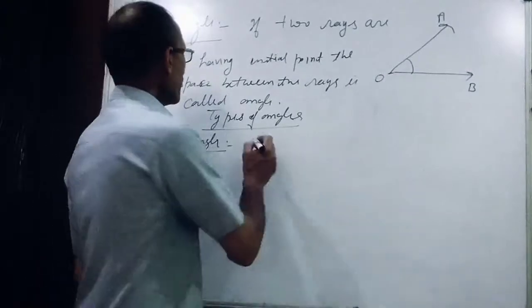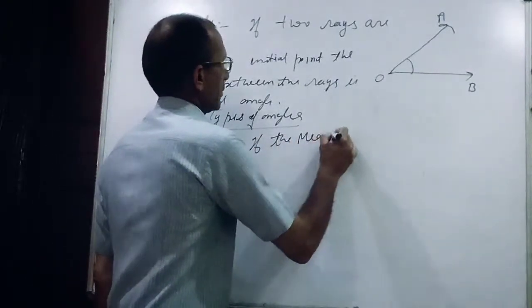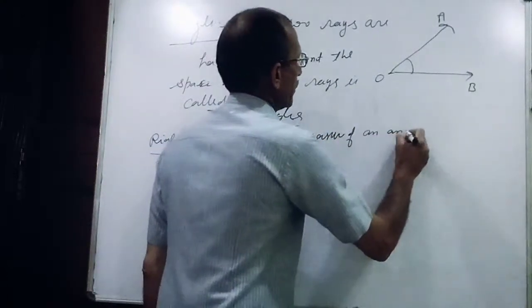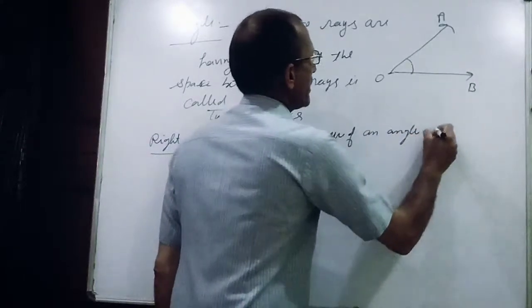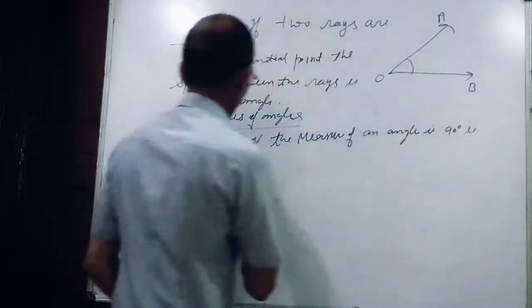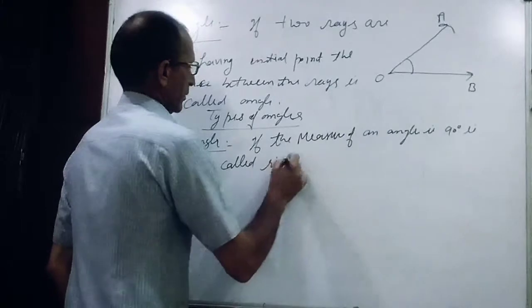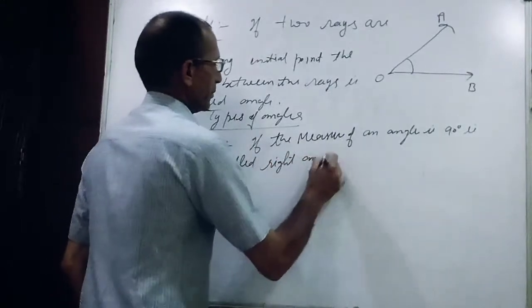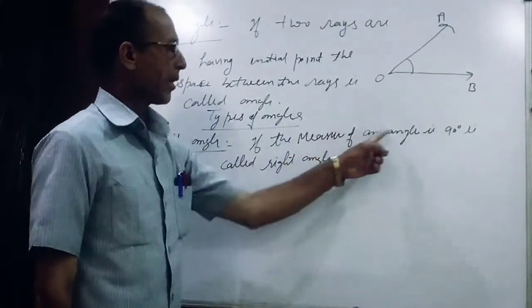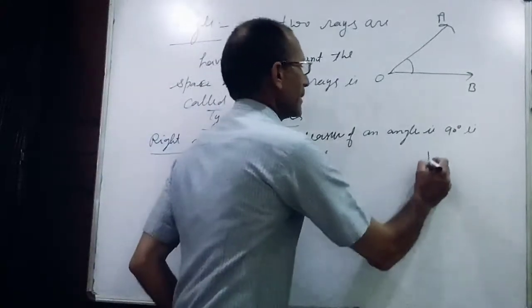If the measure of an angle is 90 degrees, it is called a right angle.